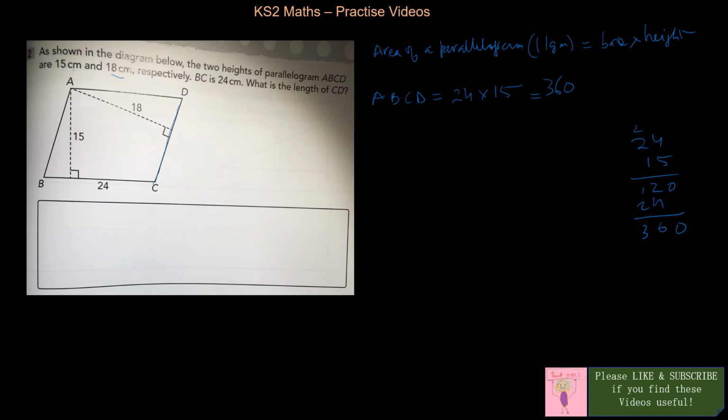So if we turn the parallelogram so that CD becomes the base, then what happens?